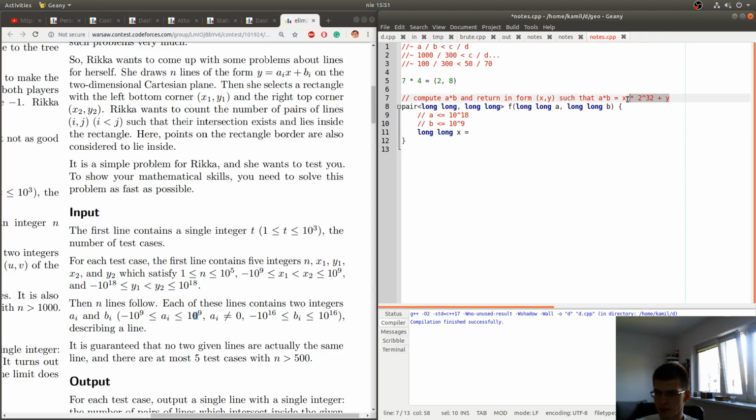So we want to find these values x and y. X is, let's just first find a in this form. This is very easy because it's just a divided by 2 power 32 and y is a modulo that. So we already achieved this part.